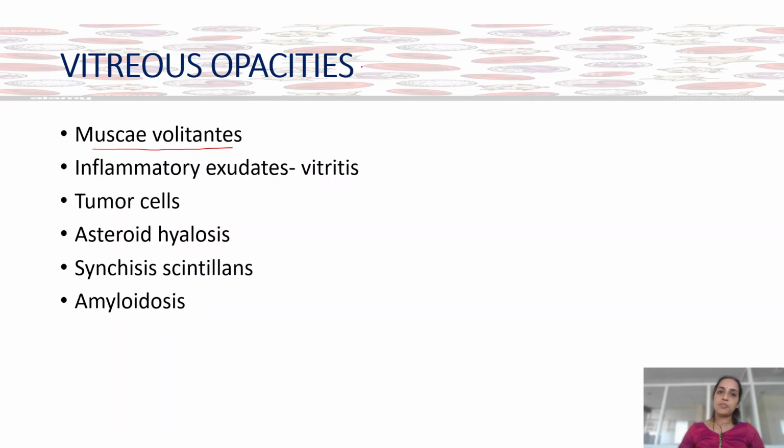Whenever there are opacities in the vitreous, the patient presents to us with floaters. Muscae volitantes is a common physiological finding, more commonly seen in myopic eyes. Whenever there is a posterior vitreous detachment, the vitreous that is attached around the optic disc gets detached due to age or trauma.